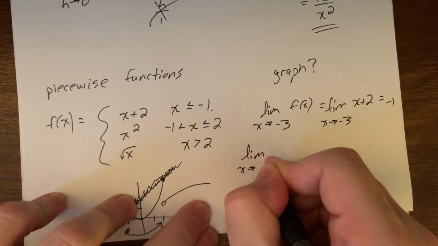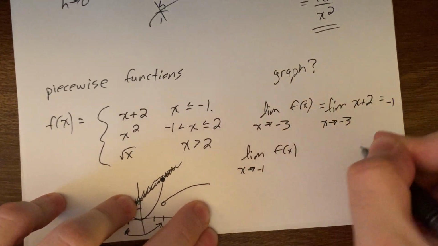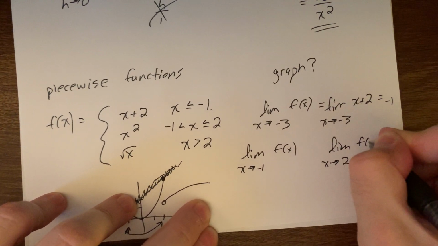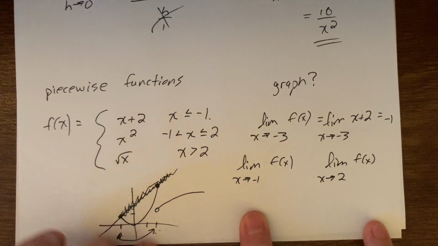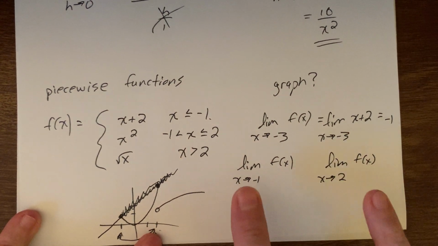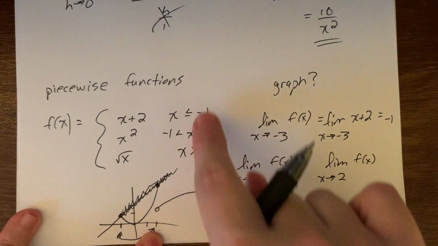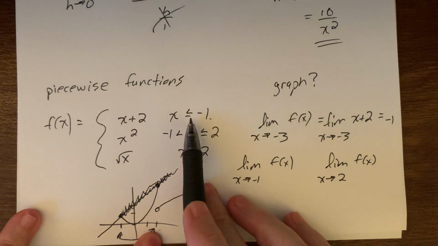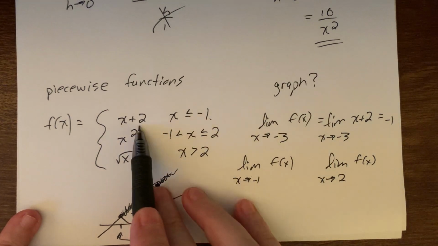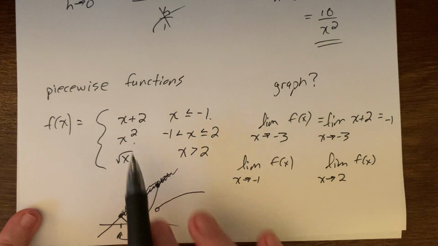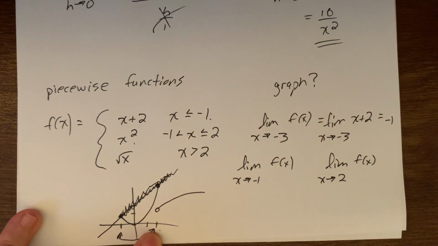If I take a look at x approaches -1, and then separately as x approaches 2, through experience we'll realize these will be tougher because we're dealing with the turning points. And it's not that easy, everybody, to just say, hey, that's where the equality is, use this first one, or that's where the equality is, use the second one. This is not asking what is f of -1 or f of 2.